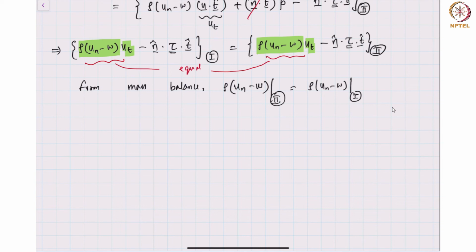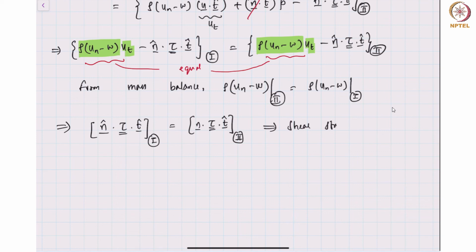And therefore the above relationship just simplifies to n dot tau dot t over region 1 will be n dot tau dot t over region 2. Okay, n dot tau dot t, if you remember, extracts the shear stress. This says that shear stress is continuous across the interface.